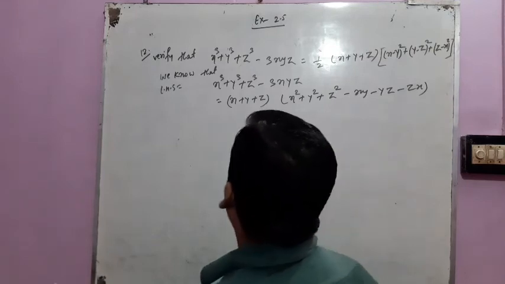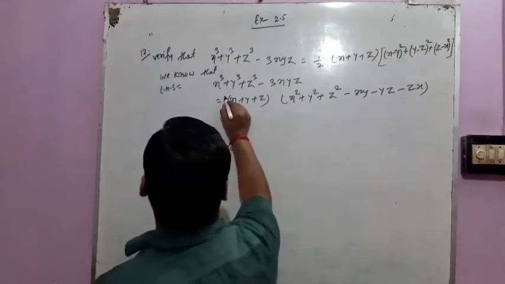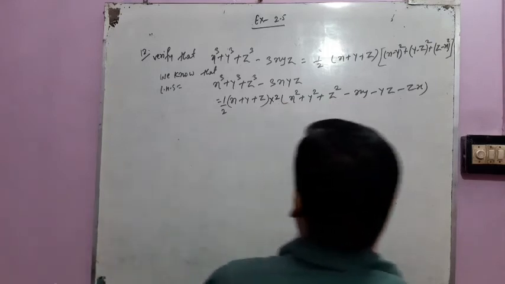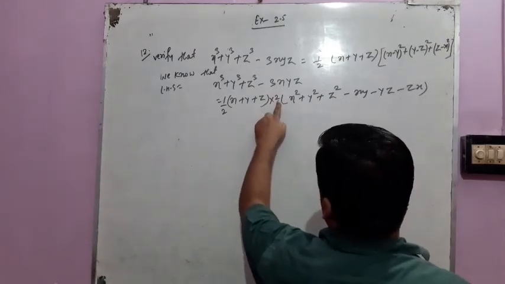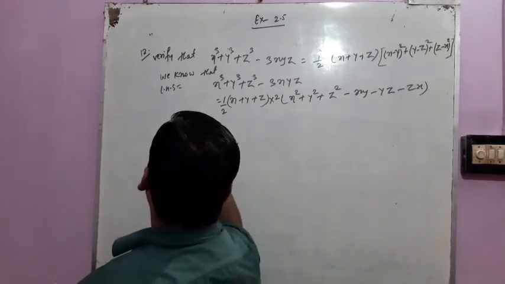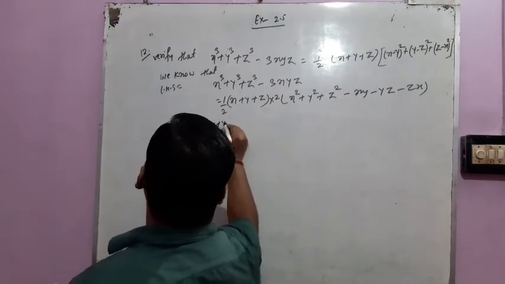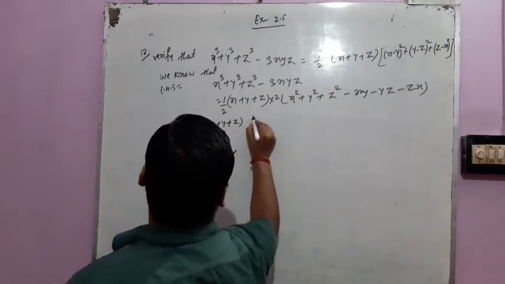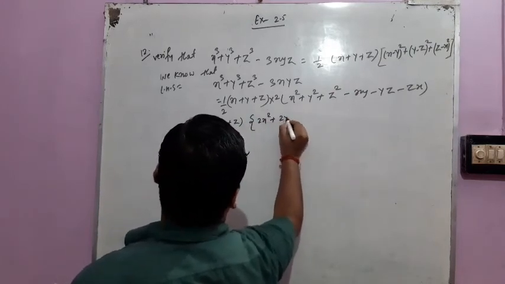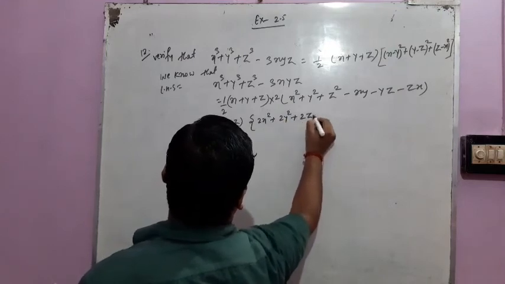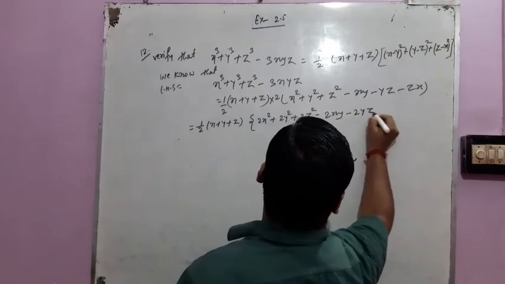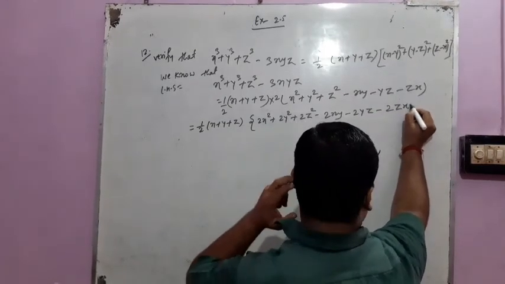Okay students, now if we divide the whole term by 2 and also multiply the whole term by 2, then the 2s cancel each other and the value is the same. So we write here 1 by 2 into x plus y plus z, and the whole term we multiply with 2: 2x square plus 2y square plus 2z square minus 2xy minus 2yz minus 2zx.